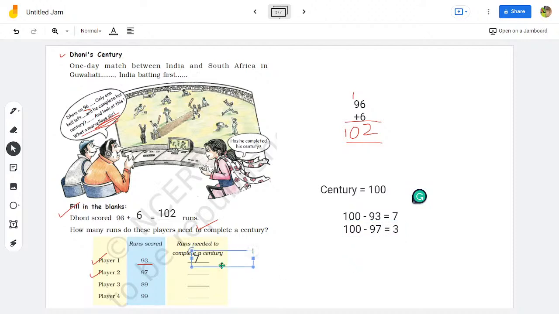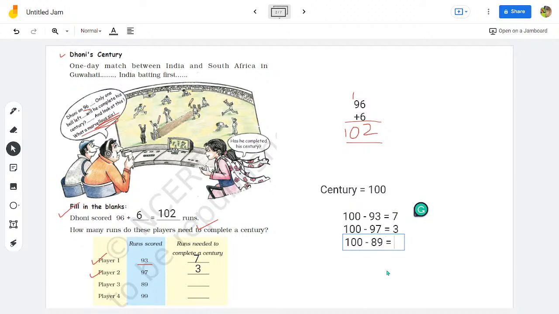So that means this player needs 3 more runs in order to complete his century. Then the next person has 89 runs. So we would again do 100 minus 89.